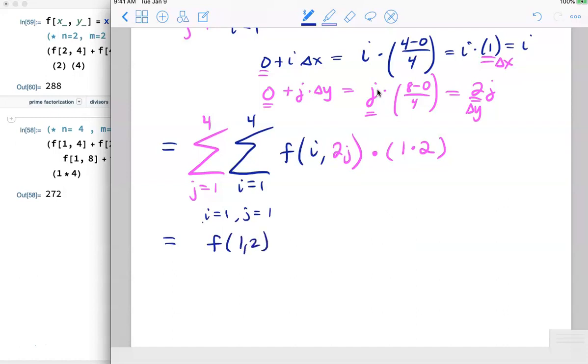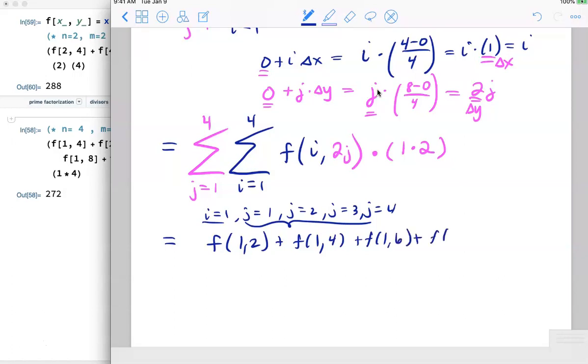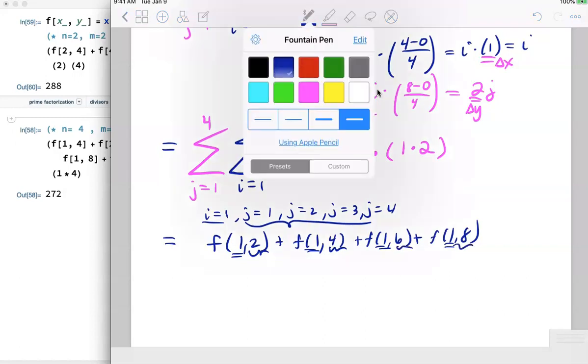And then if i stayed 1 and j continued on, j went to 2, j went to 3, j went to 4, i would always be 1, but then j would have made the 2, the 4, the 6, and the 8.